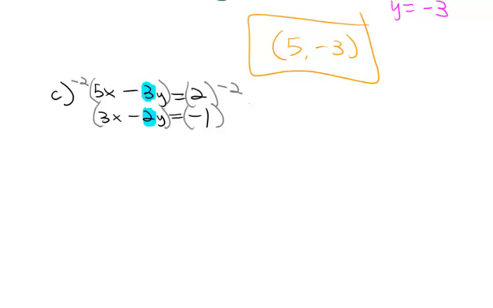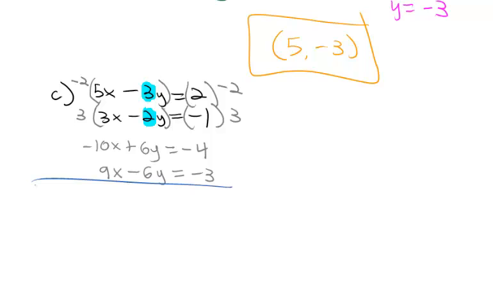Negative 2 times negative 3 will give us the positive 6. The other equation, shooting for negative 6, we have to multiply by positive 3. When we do that and distribute, we get negative 10x plus 6y equals negative 4, and 9x minus 6y equals negative 3.